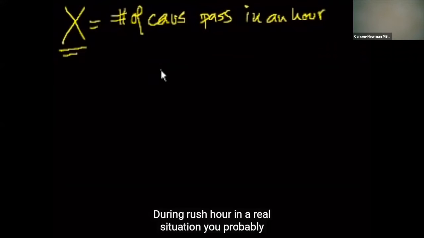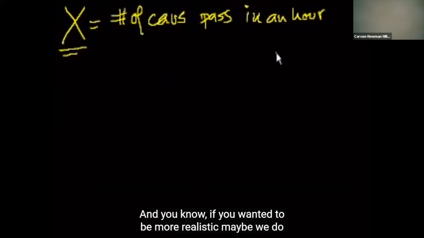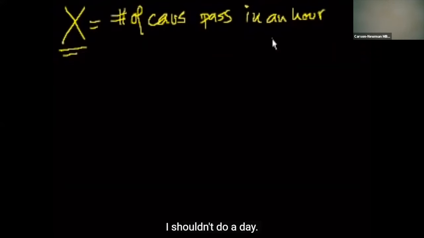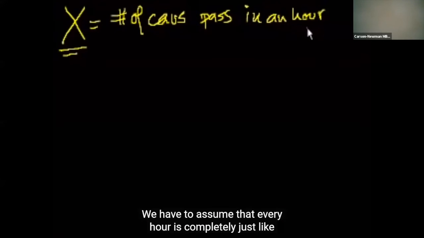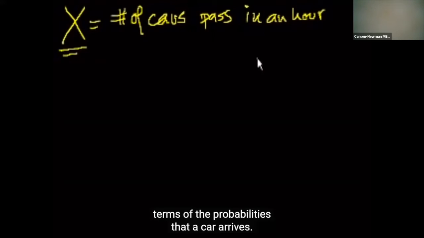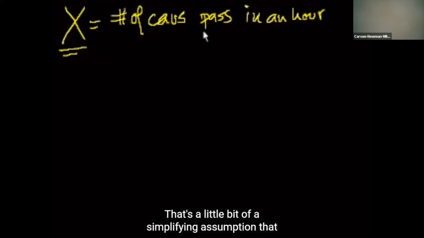During rush hour in a real situation, you probably would have more cars than another hour. We have to assume that every hour is completely just like any other hour, and even within the hour, there's really no differentiation from one second to the other in terms of the probability that a car arrives. That's a simplifying assumption that might not truly apply to traffic, but I think we can make it.